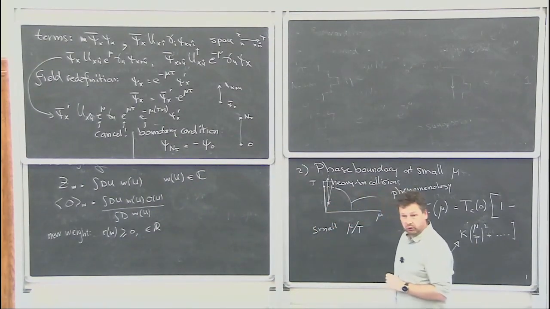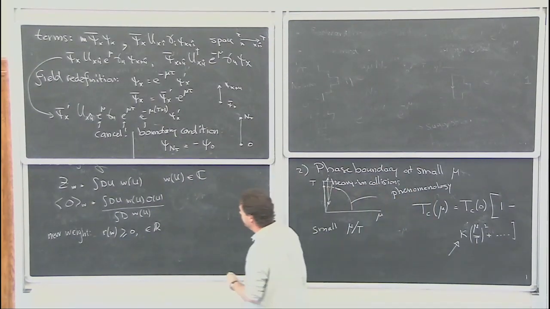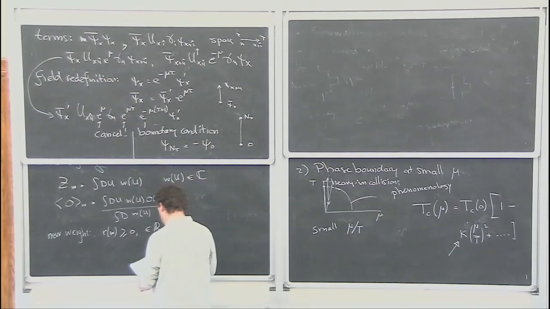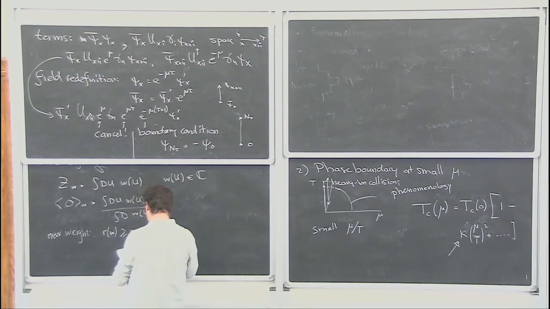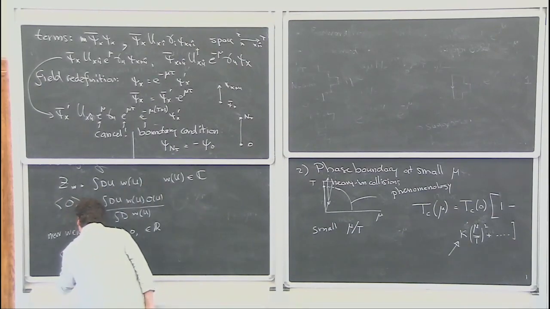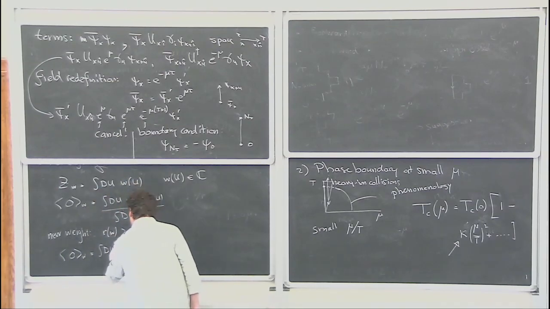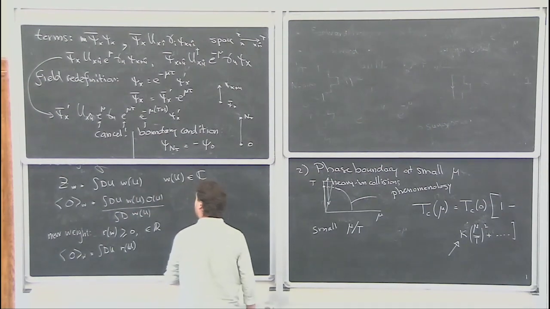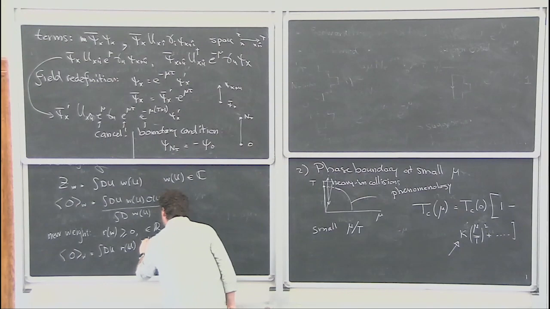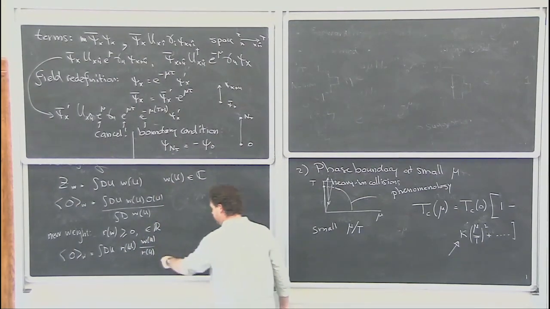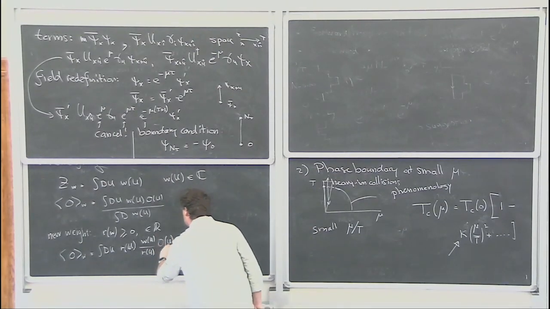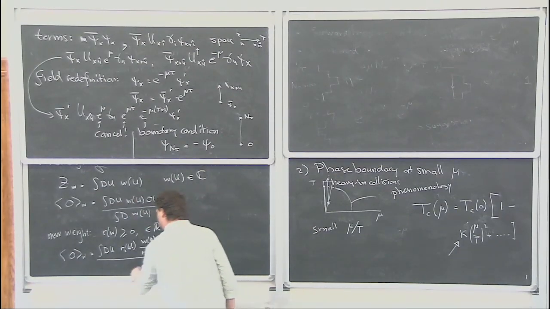And then it's just a straightforward exercise to rewrite expectation values as follows. Say the expectation value of O with respect to W can be written with respect to this new weight R. And then we have W over R to compensate for the introduction of this weight, times O. And we have to normalize it with the partition function.